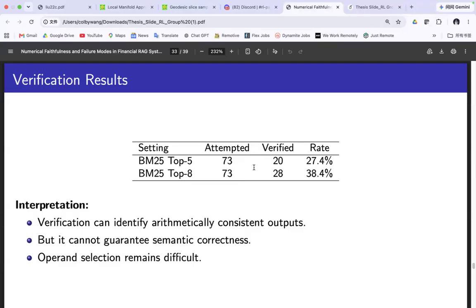Like to check if the numbers appear in the document, or that the calculation is correct, as you said, with different operands. Yes, there should be a way to do it. This is just trying to understand whether it is arithmetic consistent output, but it might not be the correct answer.